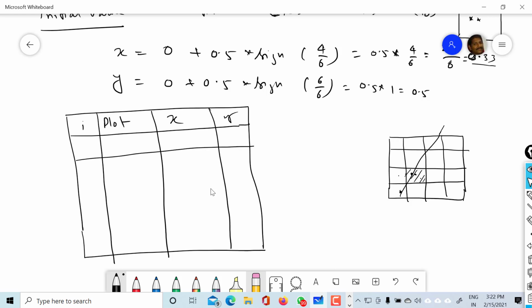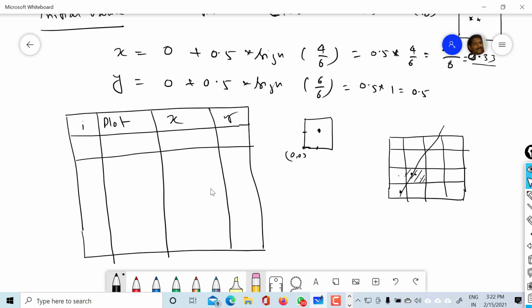Initially the pixel was 0 0, meaning the middle point of that pixel will be 0.5 and 0.5.